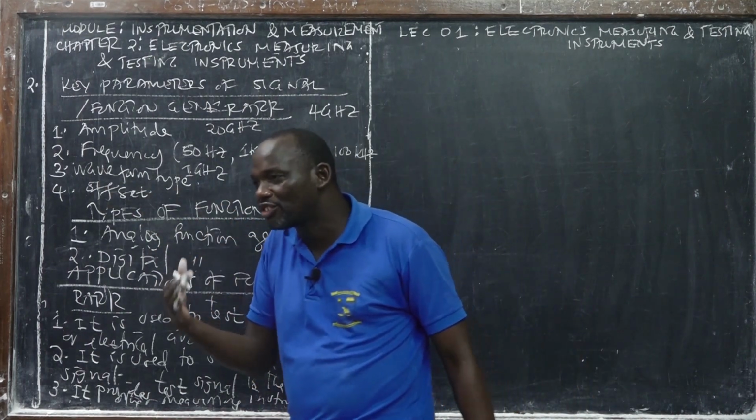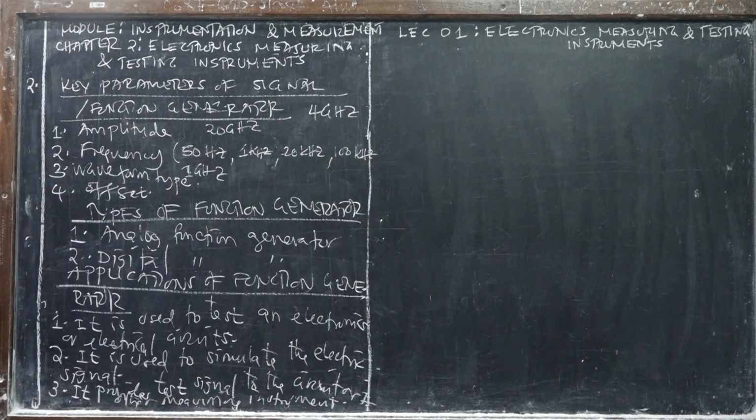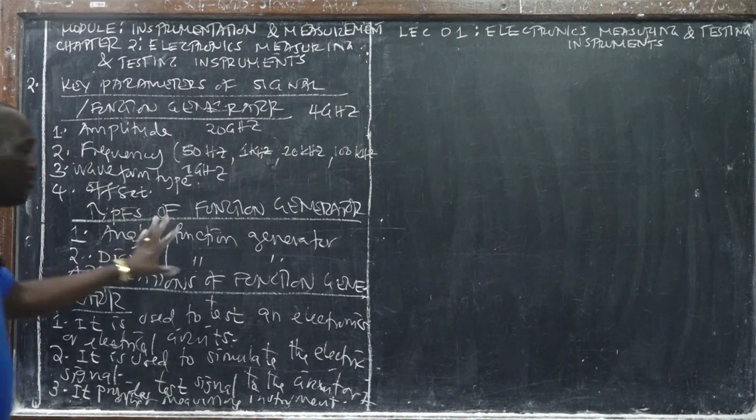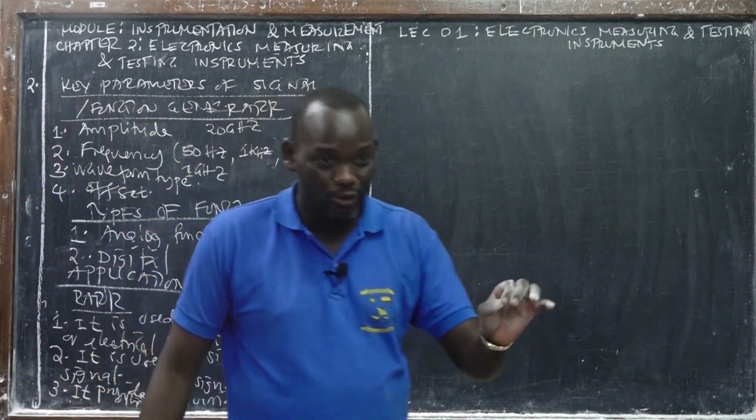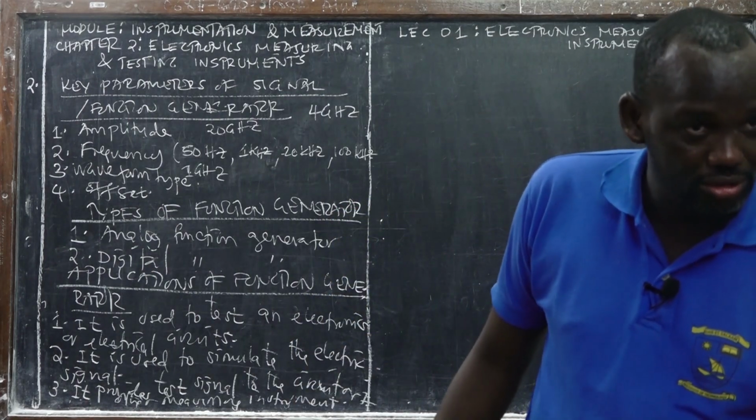So the digital function generator does not need to be connected to an oscilloscope to visualize its output, because it has its own display. Are we together? So don't think I will ask you to just mention these functions. I will ask you explanatory questions about what I'm presenting to you.